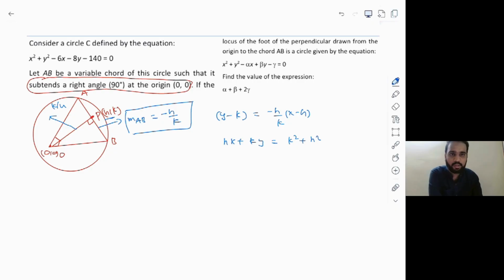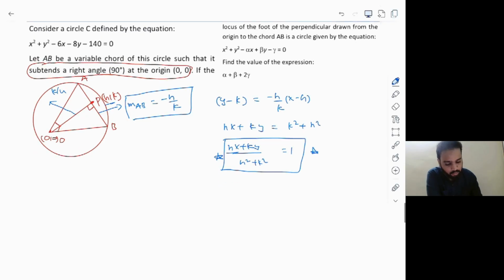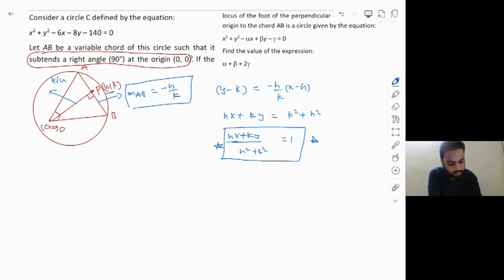Now starts the process of homogenization. I think you know very well how to homogenize. You can divide by k square plus h square and get hx plus ky divided by h square plus k square is equal to 1. Then you homogenize the circle using this straight line.